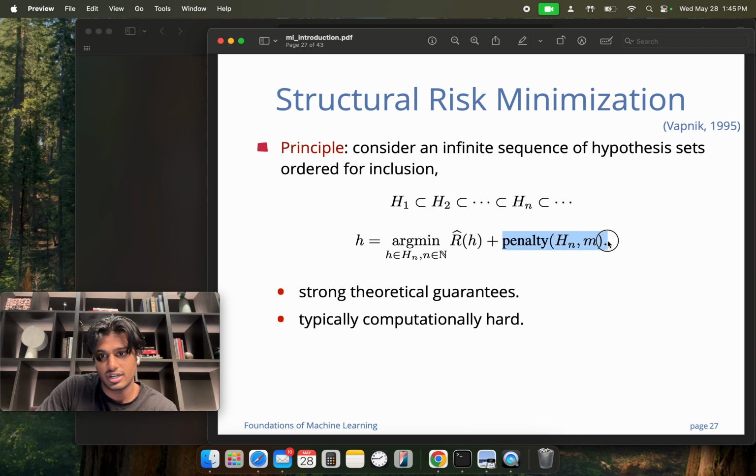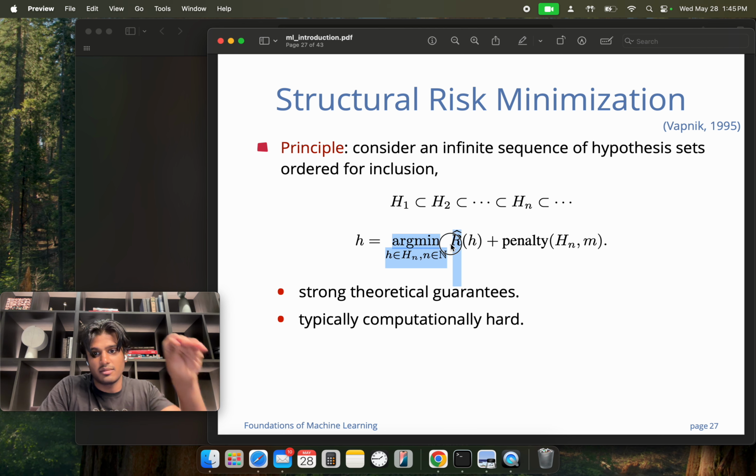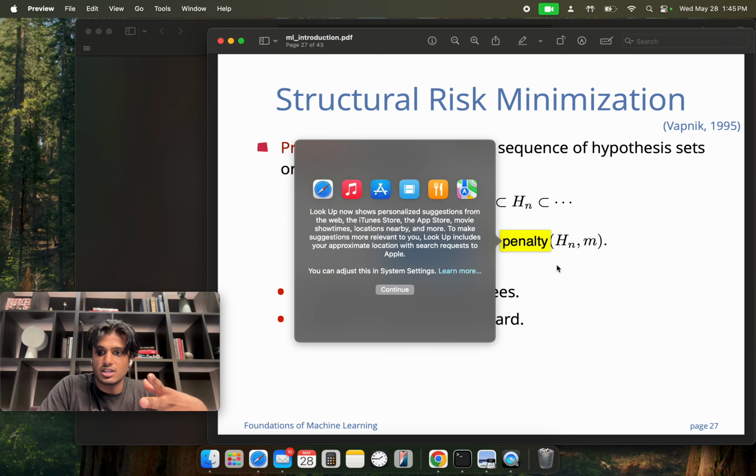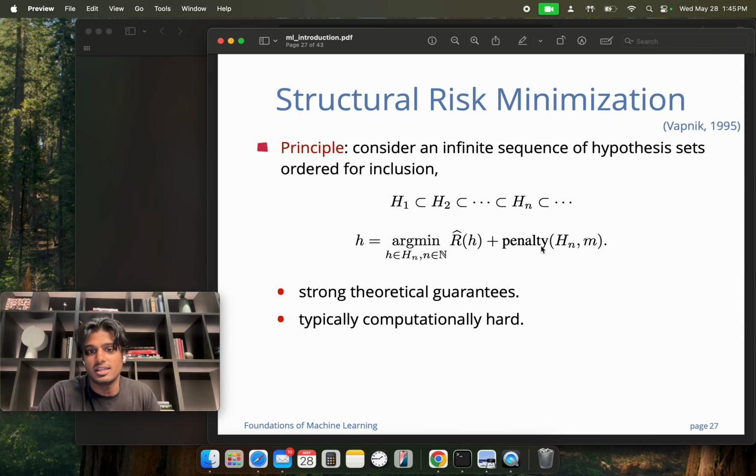But then when you choose simpler hypothesis sets, the empirical error may be too high. So you want to increase the complexity of the hypothesis set so that the empirical error is low, but then you want to reduce the complexity so that the penalty is low. If I were to solve this computationally, I would arrive at a sweet spot, given how I define the penalty. So this has strong theoretical guarantees, but it is typically computationally hard.